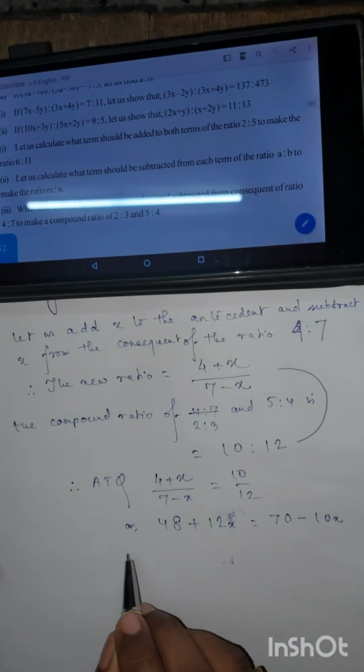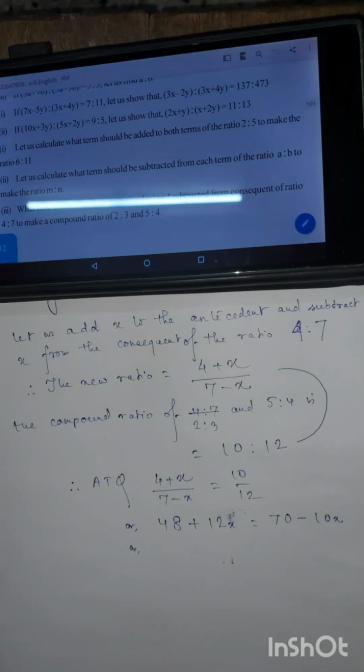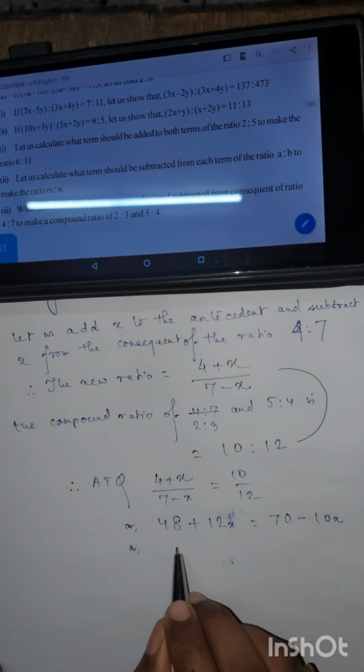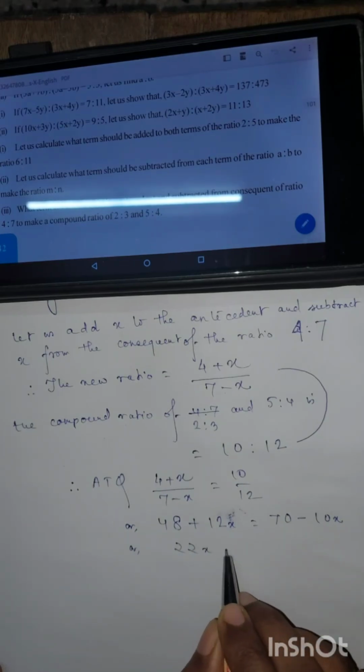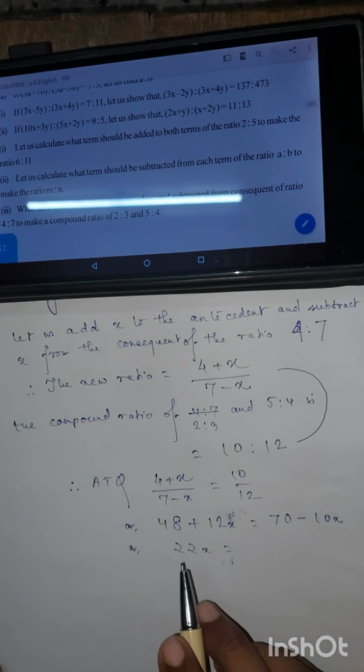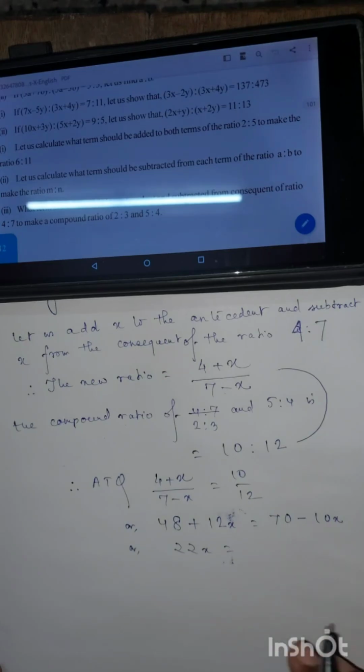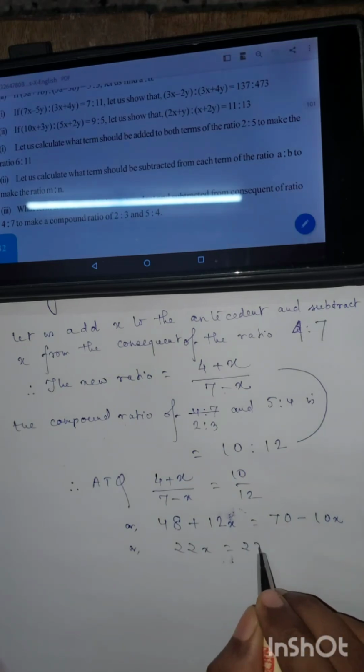Now taking the terms containing x to the same side, we are getting 22x, and the constant terms to the right side, we are getting 70 minus 48, that means 22.